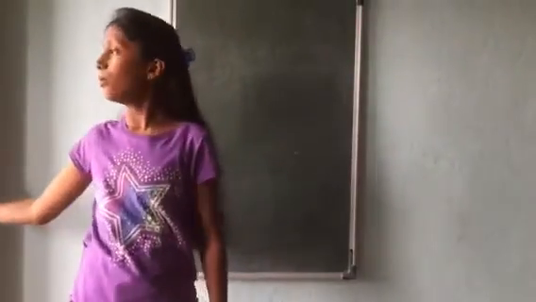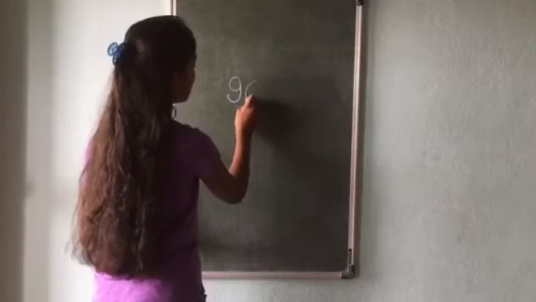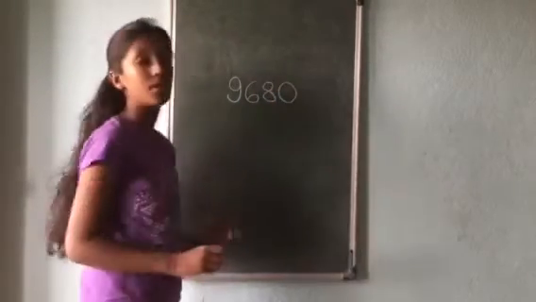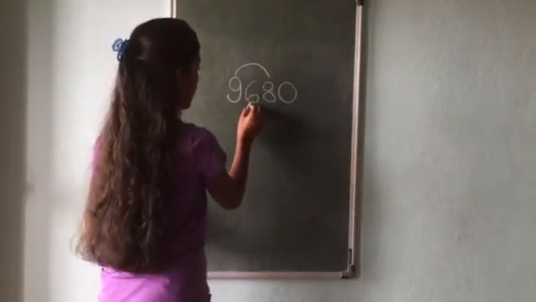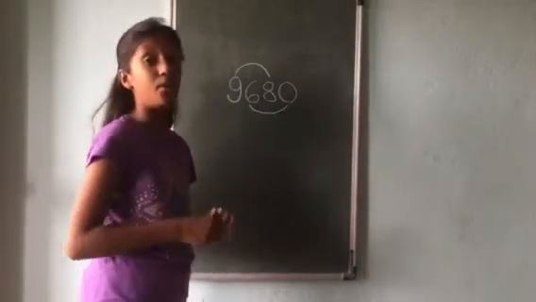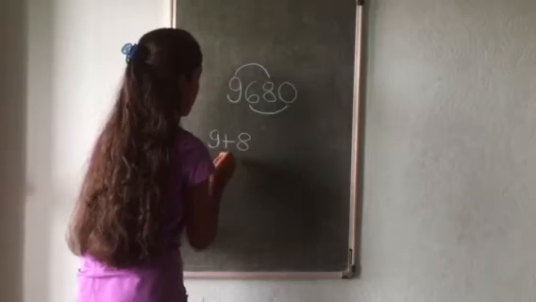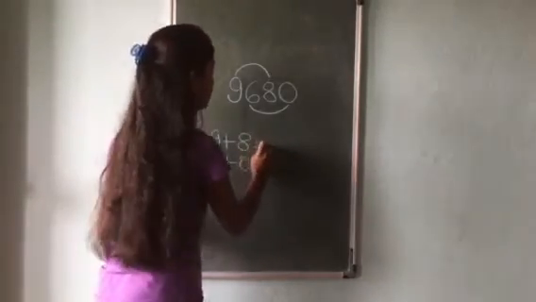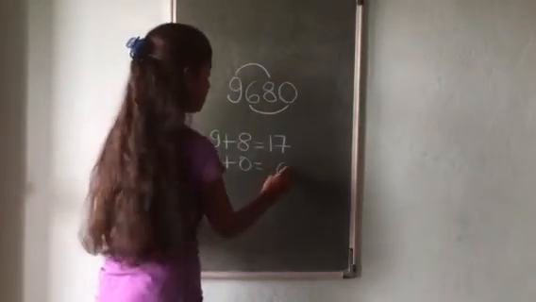Okay. Now I'll explain 11's rule with an example like 9680. First we'll take alternate digits, which are 9 and 8, and 6 and 0. Now we'll add them up: 9 plus 8 and 6 plus 0. 9 plus 8 is equal to 17 and 6 plus 0 is equal to 6.